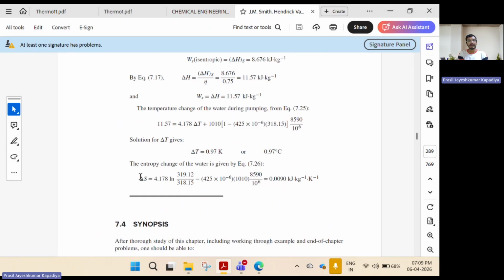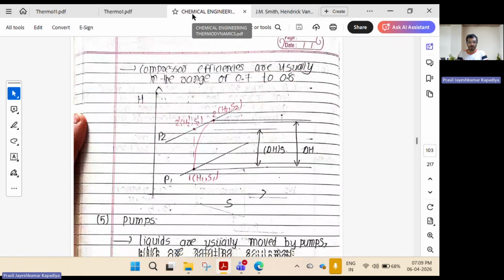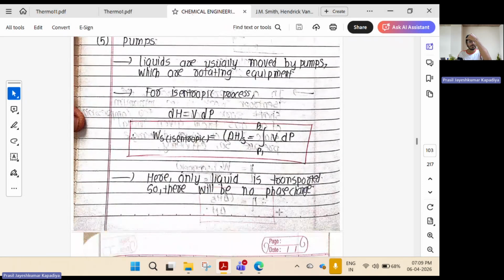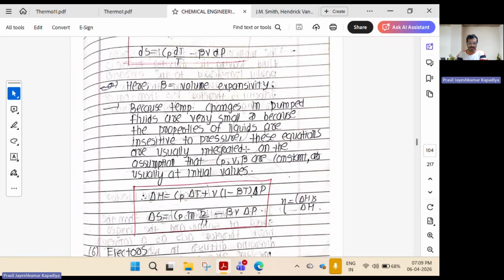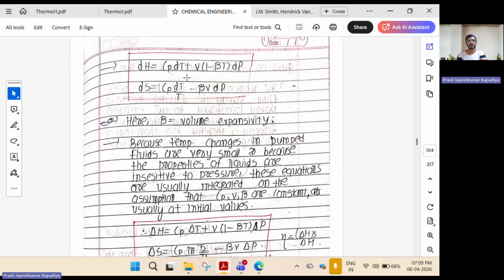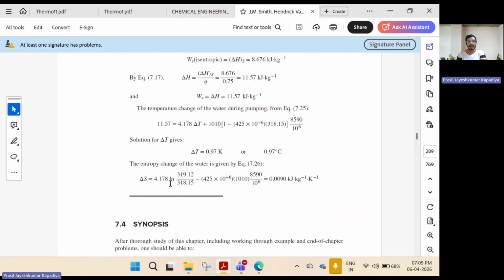And if I want to find delta S of this process, delta S should be very less because we are considering isentropic, VdP we used, right? So delta S is going to be very, very less. Let's try to confirm. Cp 4.178, ln of T2 by T1, where delta T is 0.97 Kelvin. Initially it was 318.15 Kelvin, and final will be 318.15 plus 0.97, so it is 319.12.